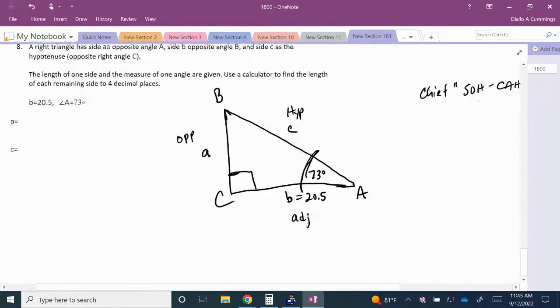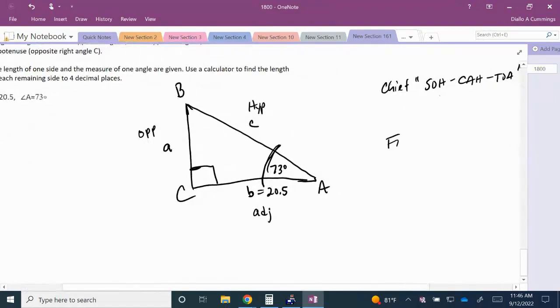All right, so first we're going to find side A. All right, so we're given the reference angle. I want to find side A, so I have to use my opposite side. When we set up our trig function, there must be only one unknown, right?